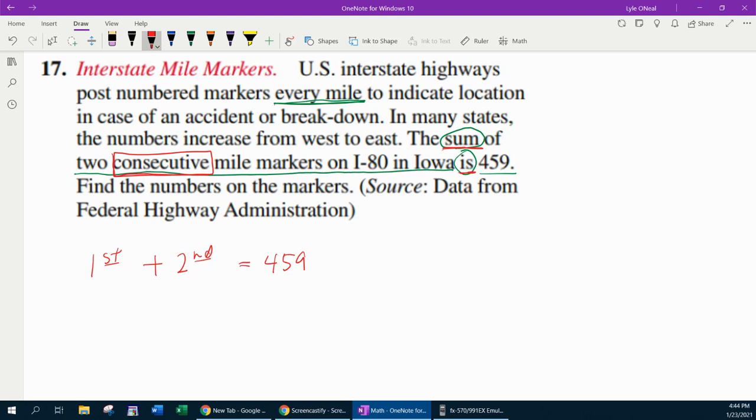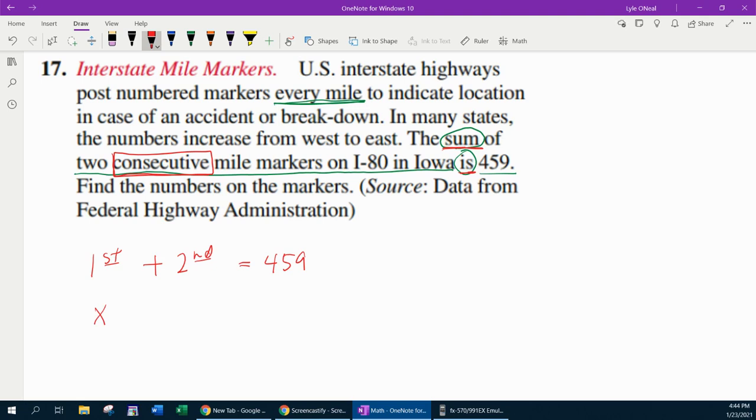So what I need to know is, what are the numbers on these mile markers? How many miles was written on the first mile marker? I have no idea. And so what I'm going to do is I'm going to say, I don't know, that's an unknown. I have no idea what the first one is. But I do know that they're consecutive.